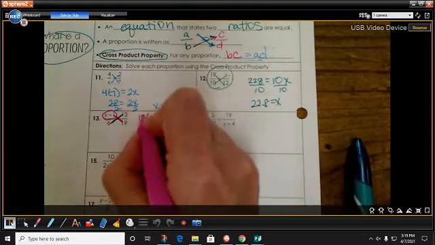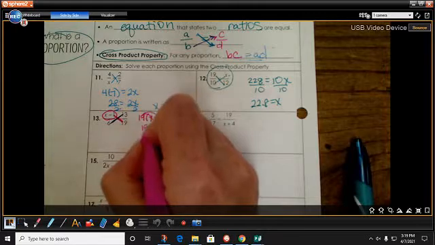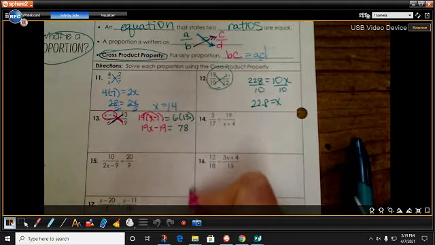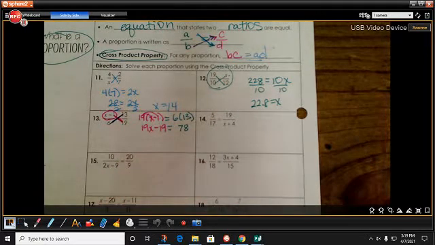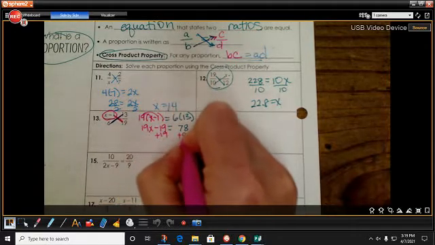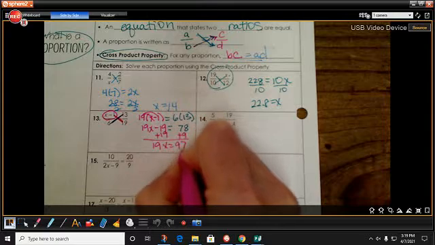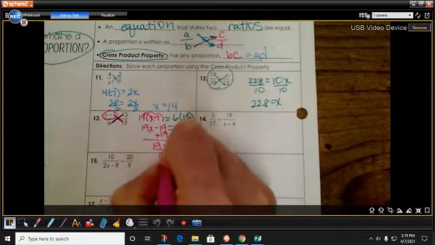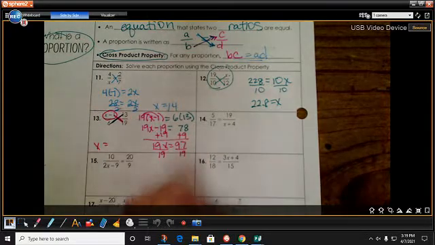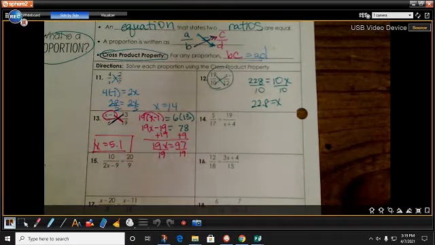Over here, I don't know what this is, so I'm going to just distribute it out and work with what I got. So this will be 19x minus 19. Well, now this just looks like a single linear equation. I can solve this. I can add 19 to both sides, and 19x will equal 97. So when I divide both sides by the 19, x comes out to be 5.1. So once again, don't always get whole numbers. The world doesn't end.